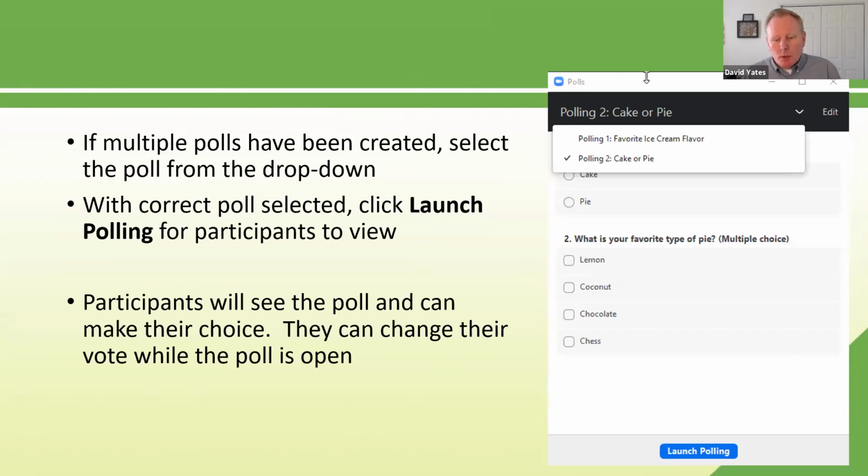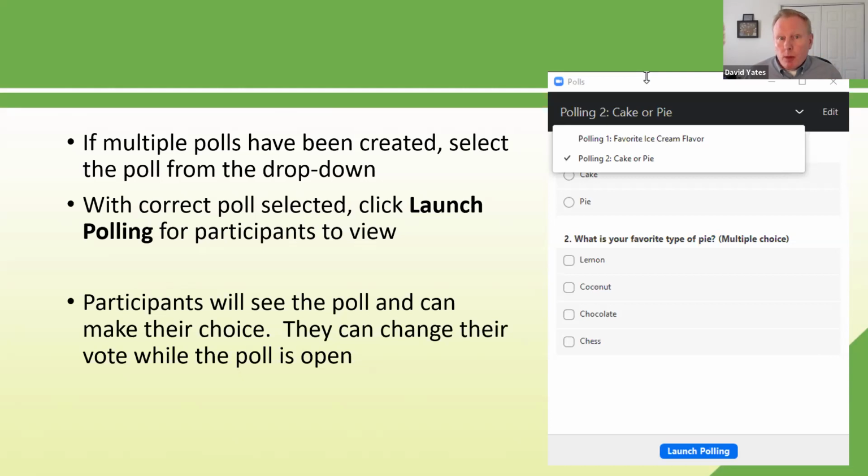Now, if you've created more than one poll, you can select from the drop down at the top which poll it is that you want to launch. So before you click that blue launch polling, make sure you know which poll it's going to be. If your poll has more than one question in it, all of the questions are going to appear from top to bottom.